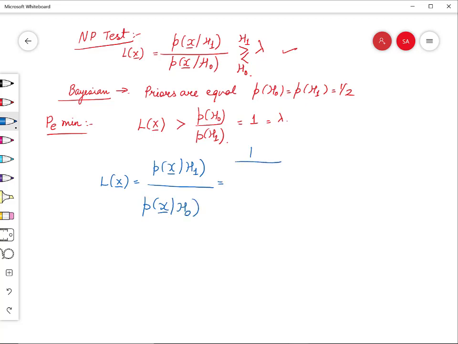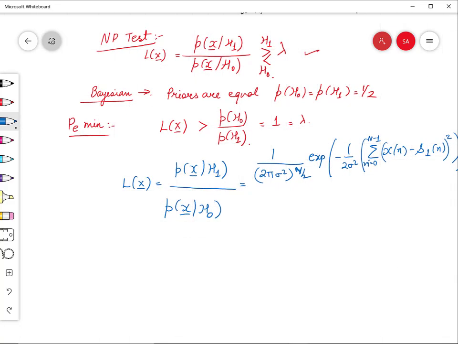This is equal to (1 over 2 pi sigma square) to the power N by 2, exponential of minus 1 over 2 sigma square, summation n goes from 0 to capital N minus 1, (x[n] minus s1[n]) whole square.